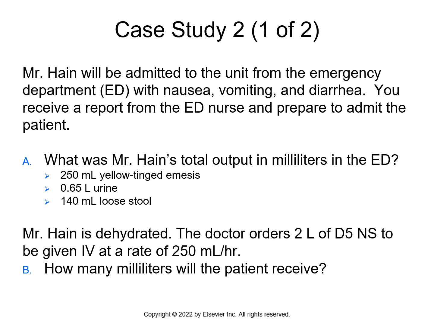So when we're calculating intake or output, we need to make sure that everything is in milliliters. So that's what we're going to do here with part A. So 250 milliliters, we're good. We're in milliliters. 0.65 liters needs to be converted to milliliters. So I'm going to give you a minute to convert 0.65 liters to milliliters.